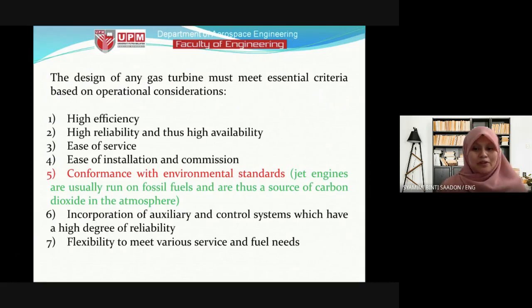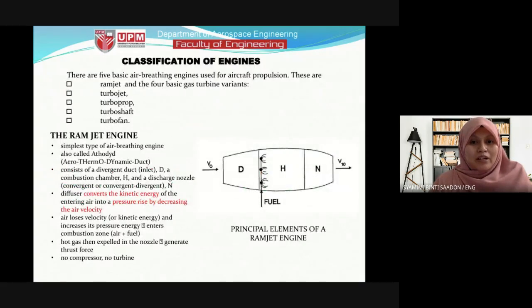Flexible, of course. So I'm going to introduce to you several types of engines. But as I mentioned last week, in this propulsion course we are going to focus more on turbojet and turbofan.